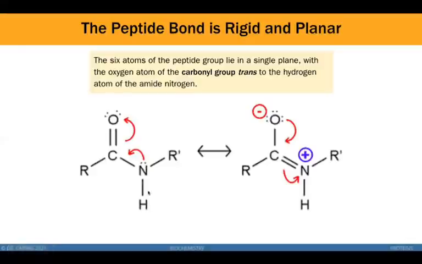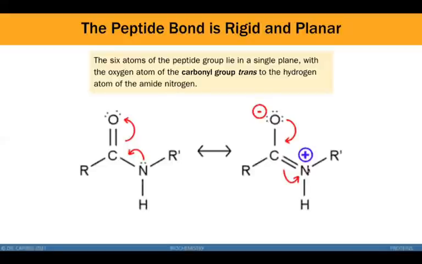Okay. So this is trans because the carbonyl group is opposite to the direction of the hydrogen of the amide nitrogen. So this is the structure of the peptide bond, and this structure is rigid and planar. So please remember the peptide bond is rigid, and the reason why it is rigid is because of the resonance of the electrons.